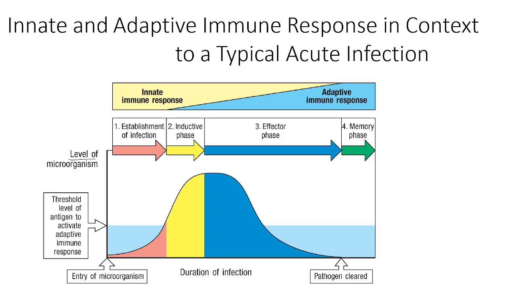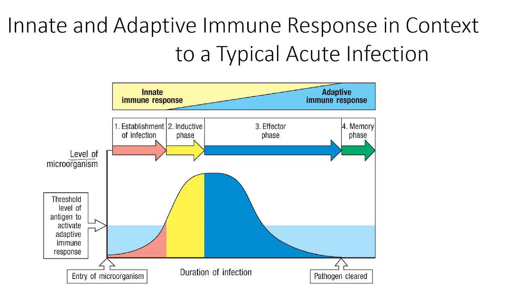This begins at the entry of the microorganism. The innate immune system acts immediately. The level of microorganism begins to rise as the pathogen replicates, and the innate immune response system is the first line of defense.